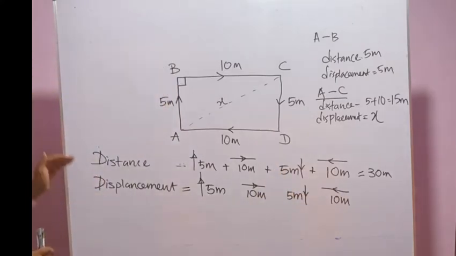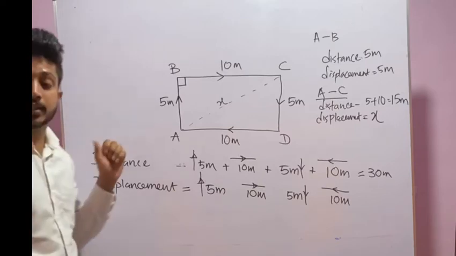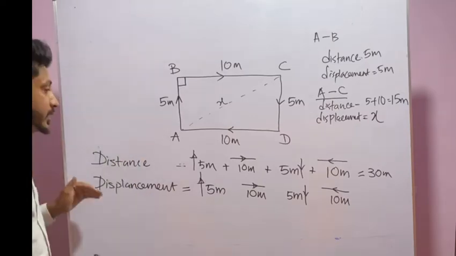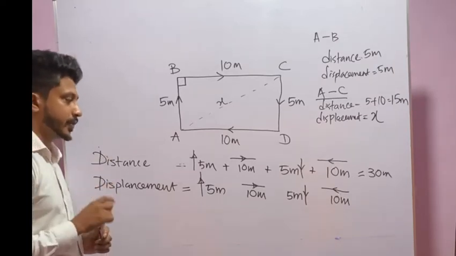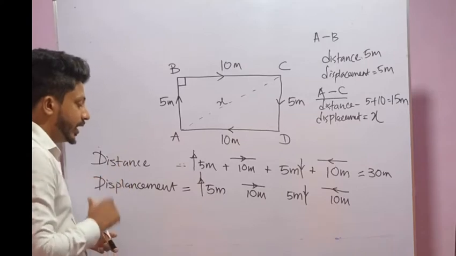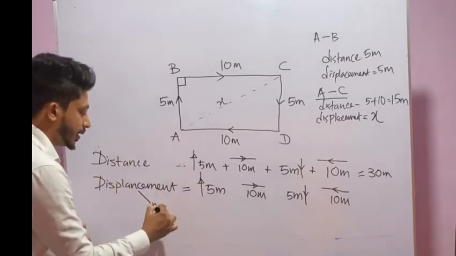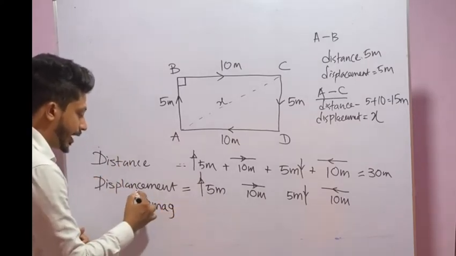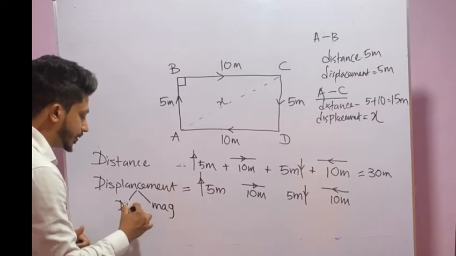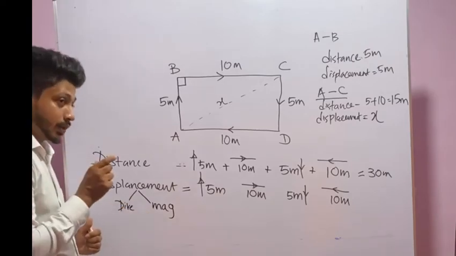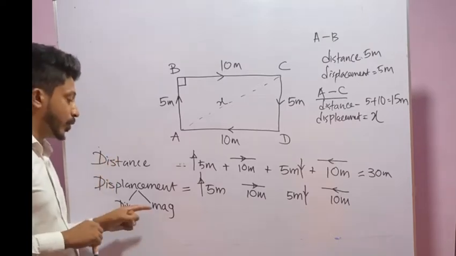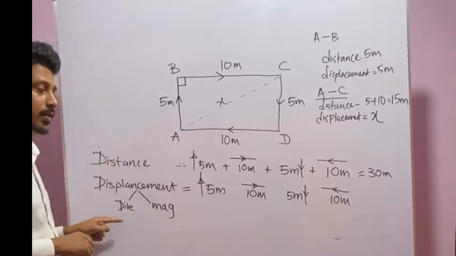Now, you know displacement is a vector quantity. Because of that, we have to consider magnitude and also direction. Why? Displacement is a vector quantity, and vector quantities have both magnitude and direction.